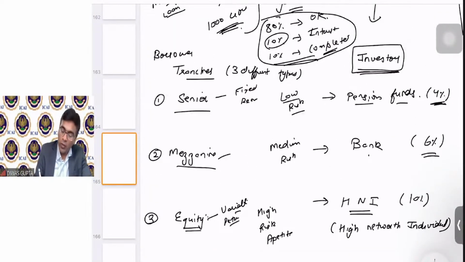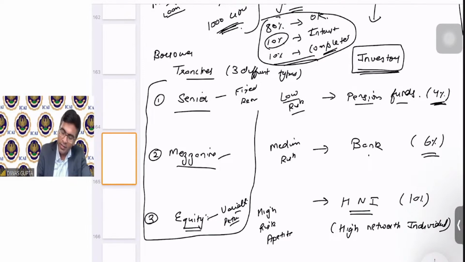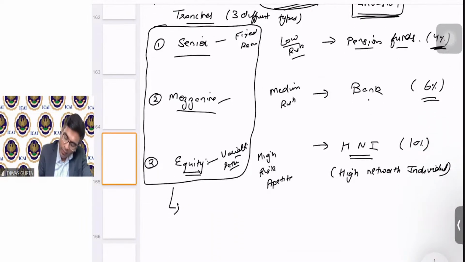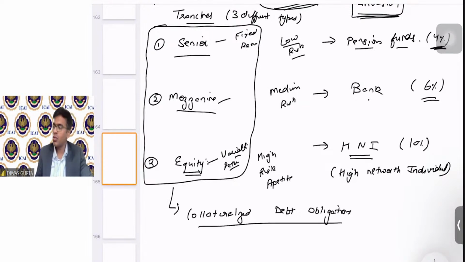Now, this part of the process is called CDO, collateralized debt obligations, students.